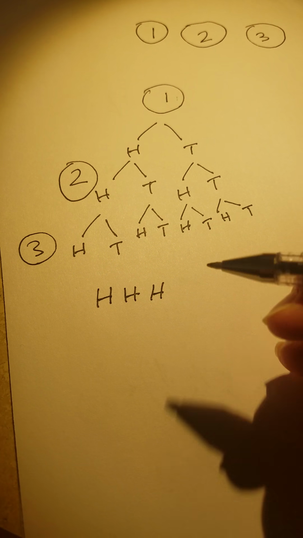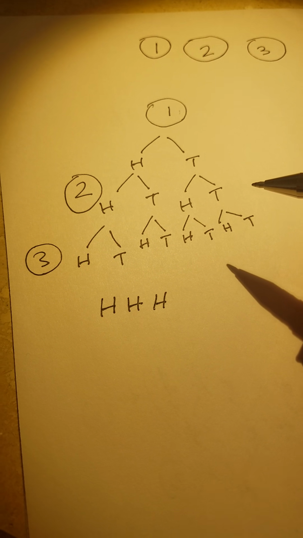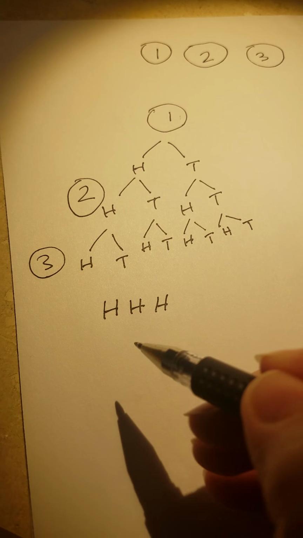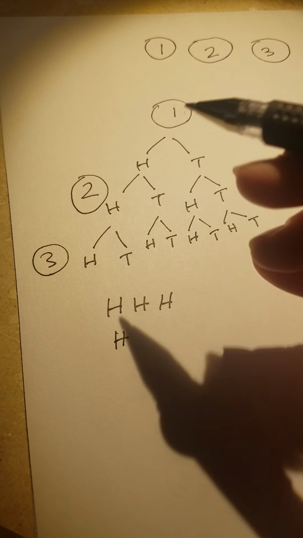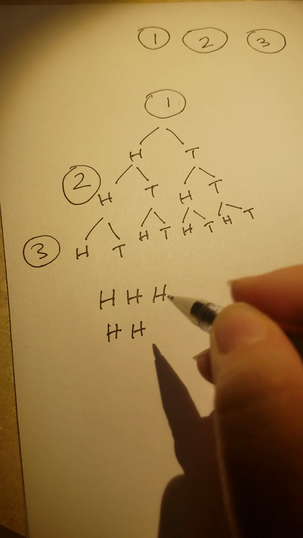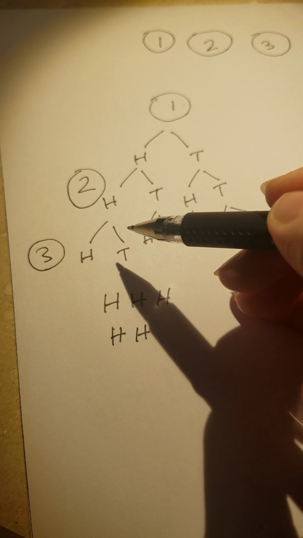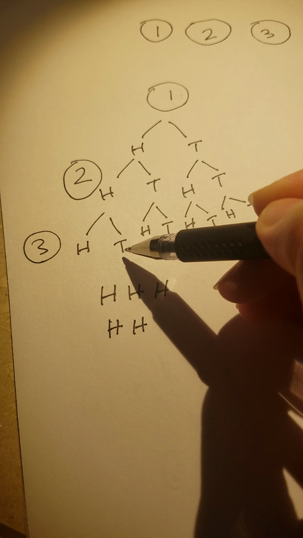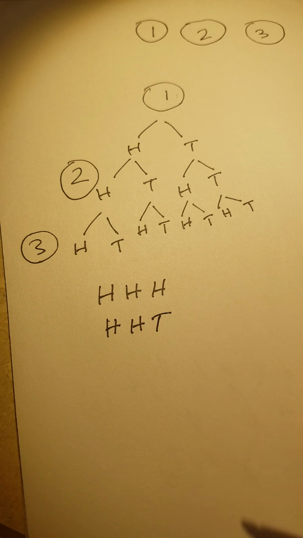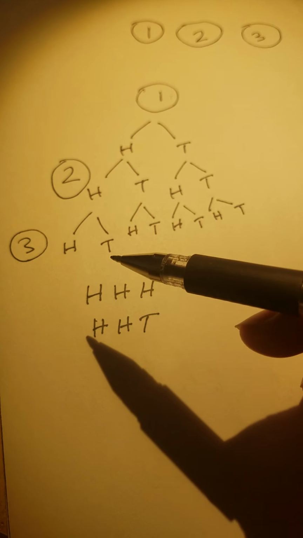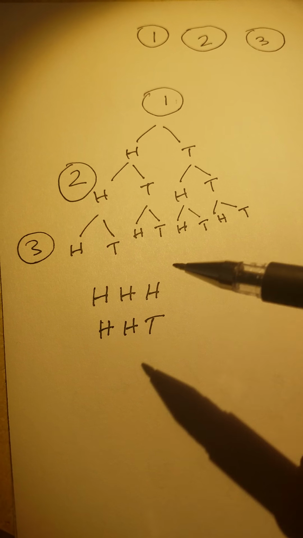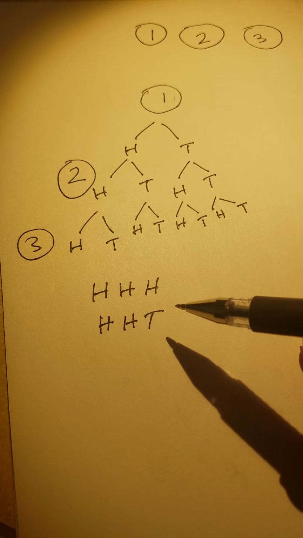Okay? Or coin number 1 could land on its head. Coin number 2 could land on its head. Coin number 3 this time could possibly land on its tail. Okay? So that's head, head, head, or head, head, tail so far.